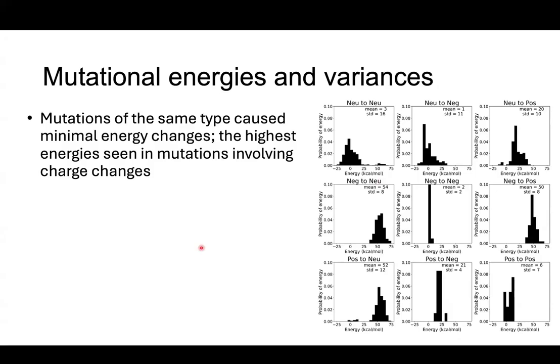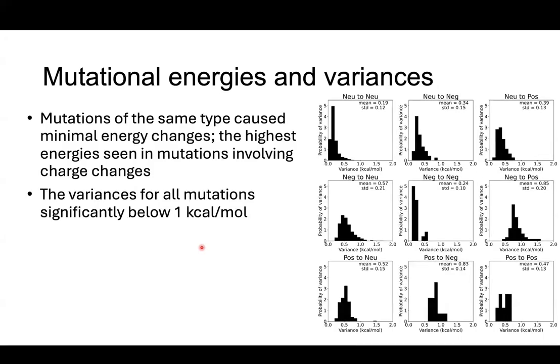So there are these energies, but do we know that these energies are trustworthy, that our calculations are correct? One thing is to check the variances. In a 310 Kelvin environment, the temporal fluctuations lead to an energy change of about 0.7 kcal per mole.